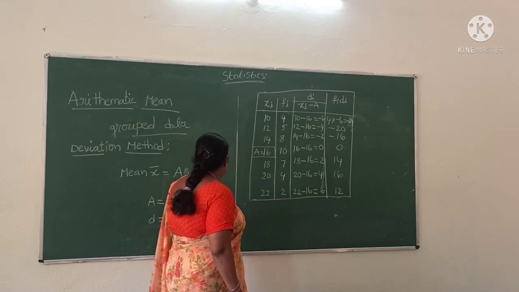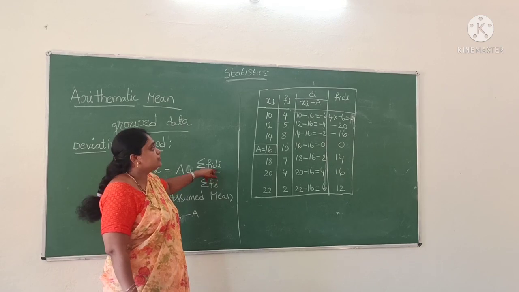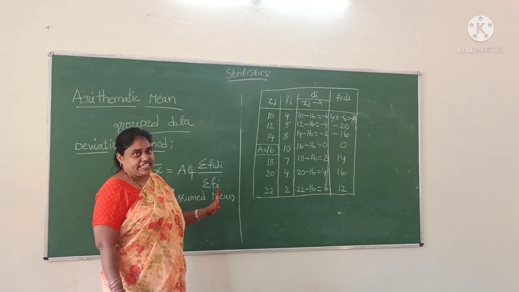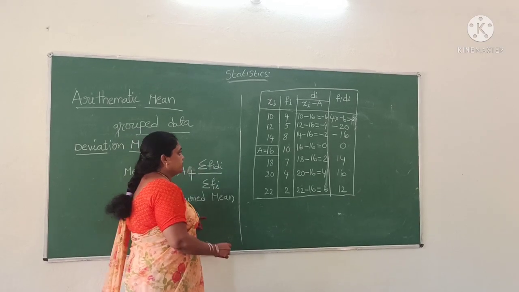Okay. Now what is the formula? Sigma fi di means sum of fi into di. So we add all those observations.